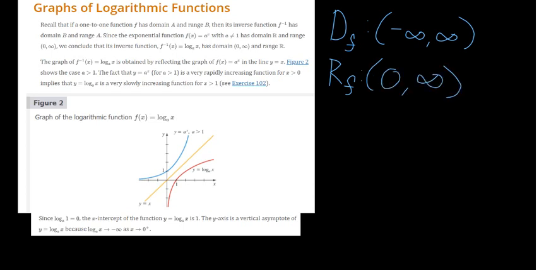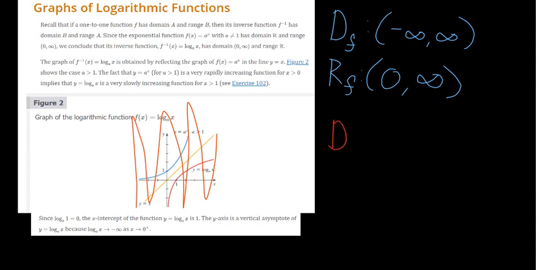And again, without even looking over here, I can say that the domain of f inverse is the range of f, right?